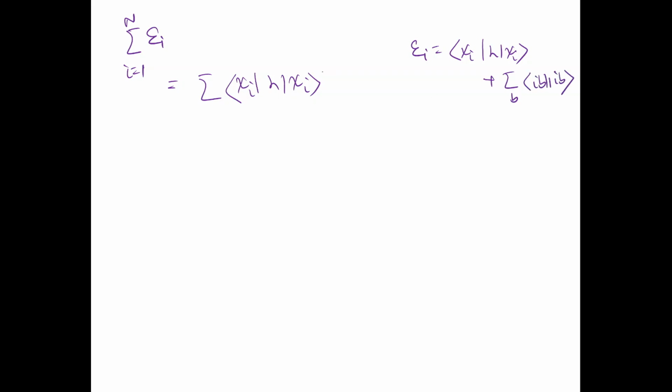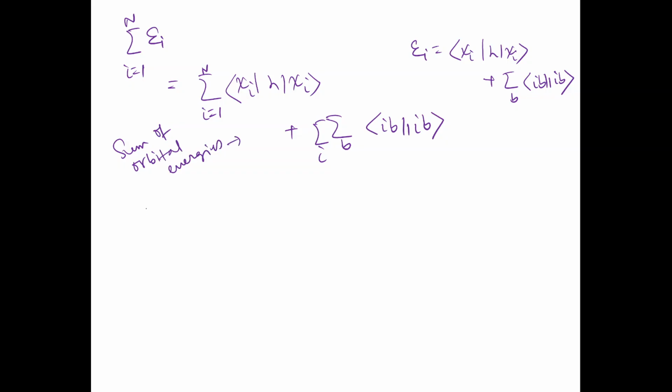Now if you take the summation over all I, you will get I to N, plus the summation over B and the summation over I of ⟨IB||IB⟩. So this expression is the total sum of orbital energies.